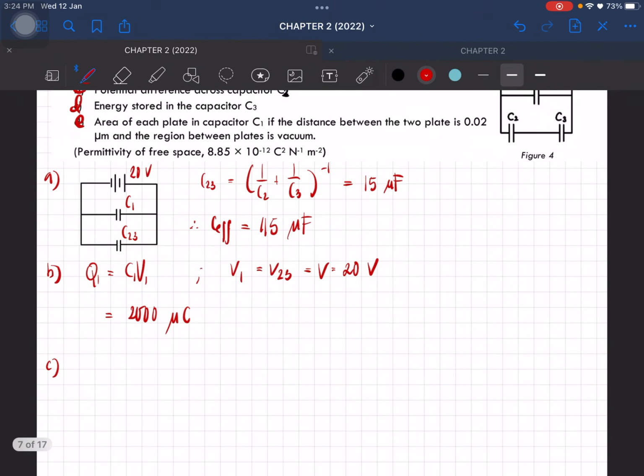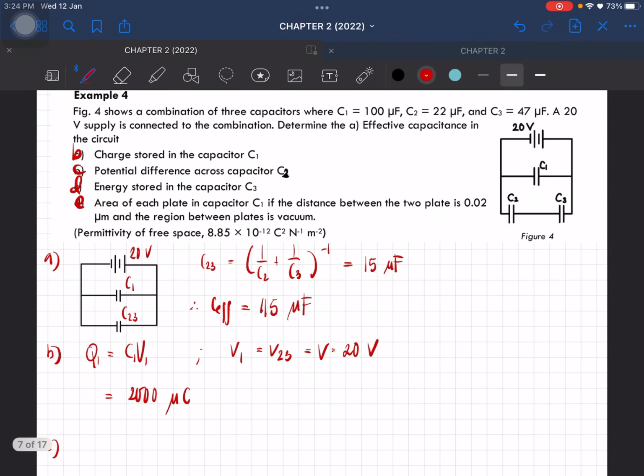Okay, so the potential difference across capacitor 2.